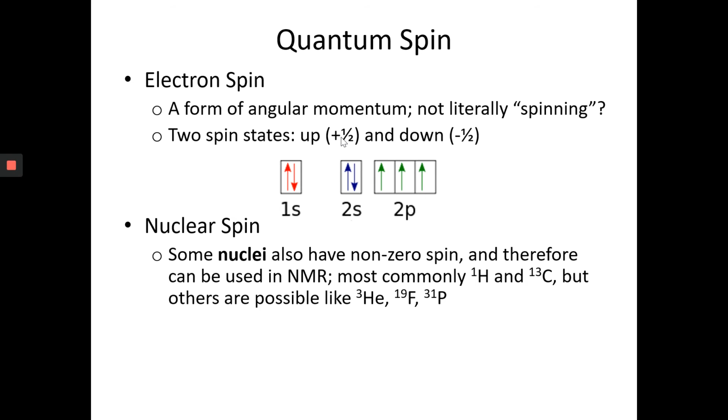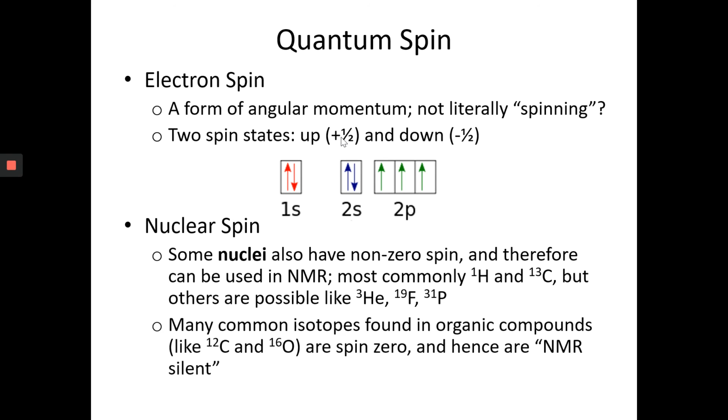Anyhow, we're going to focus mostly on hydrogen-type NMR. There are also a lot of common isotopes found in organic compounds like carbon-12 and oxygen-16. They're actually spin 0, and so you cannot do NMR on normal atoms of carbon and normal atoms of oxygen. It just doesn't work. But like I said, that's okay because we're going to use mostly the hydrogen atoms.